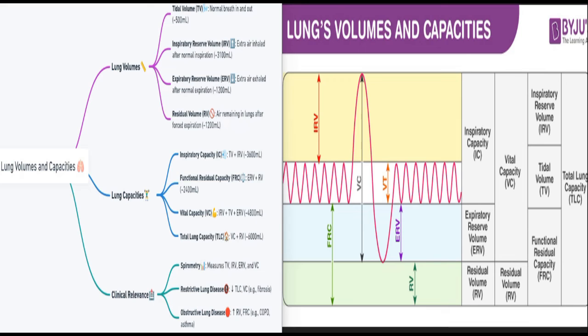So another example you can think of: if the pre-FEV1 is 3.0 and the post-bronchodilator FEV1 is 3.3, the change in FEV1, 3.3 liters minus 3.0, will be 300 mils, which exceeds the 200 mils threshold.